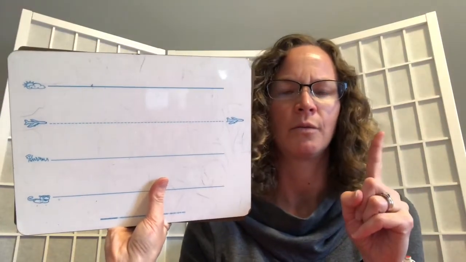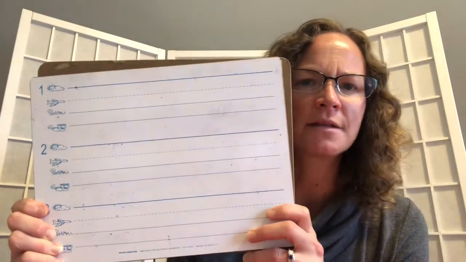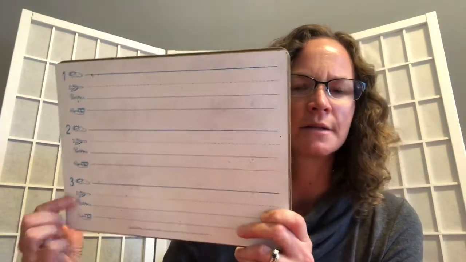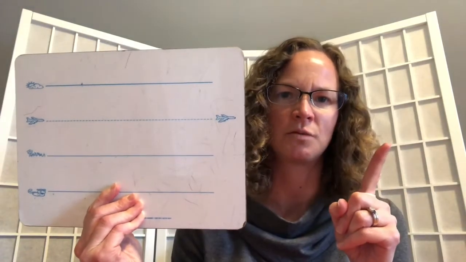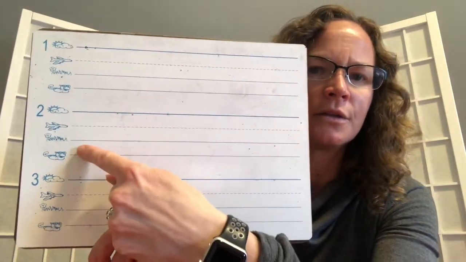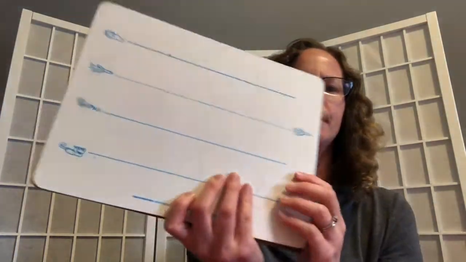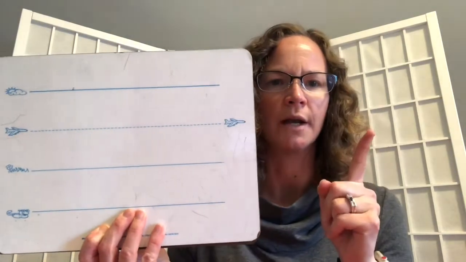Just 1. How many grass lines? Yep, 1, 2, 3 grass lines. Still just 1. And how many worm lines? 1, 2, 3. And on this side, we only have 1.